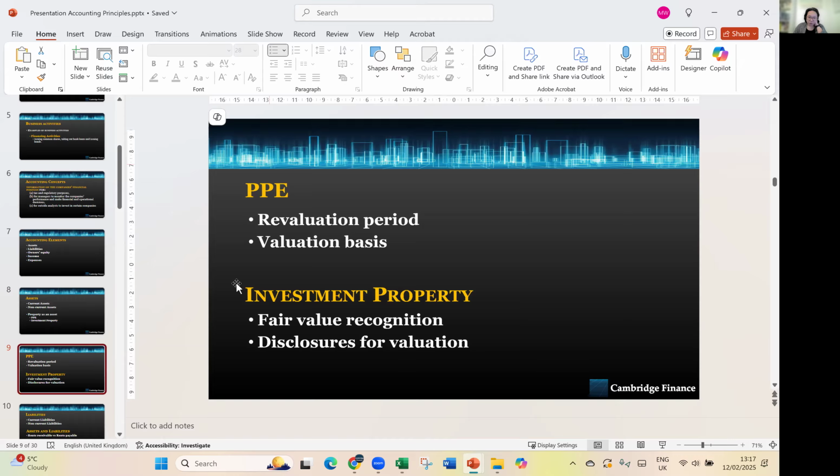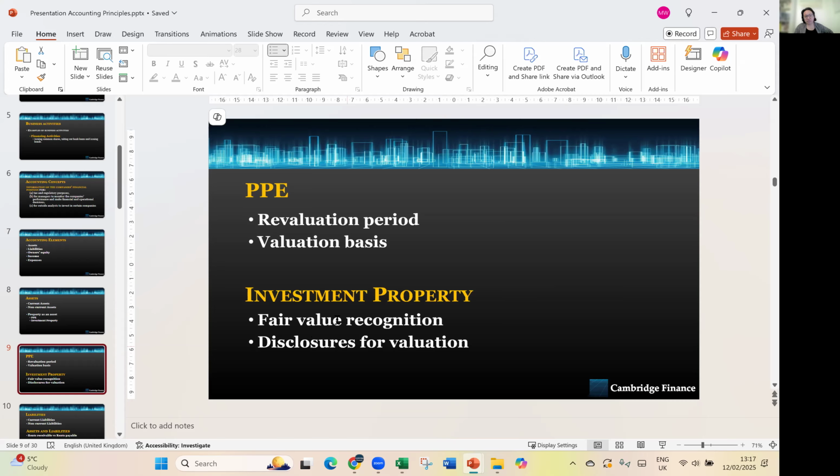So for us in real estate, PPE and investment properties tend to be where we normally focus when we are doing, for example, reporting for funds. We tend to be looking at this investment property. So if you're a valuer doing valuation for reporting purposes for funds, for example, it's normally investment property being looked at.